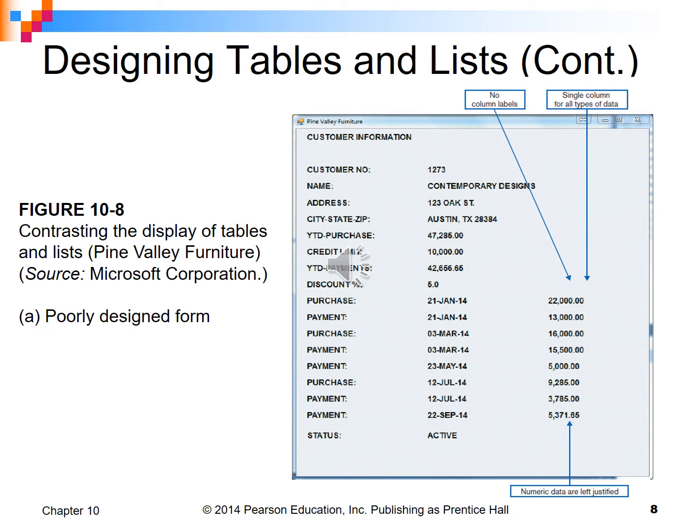What is that? Is it a date, a name, a number, a sum, a total? A single column is used for all types of data. So there are many violations of the guidelines in this report. It is really poorly designed.